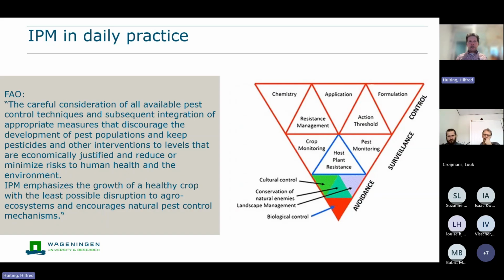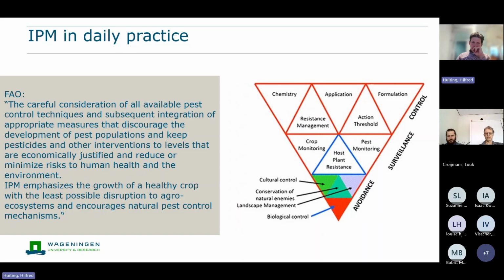And of course, there is some monitoring there, but if the basic approach is to use pesticides, then you have a whole other concept in mind than when you have to do without, in contrast.